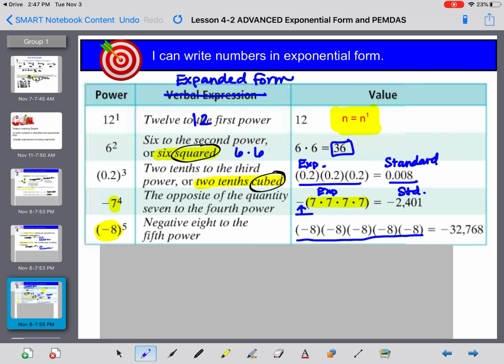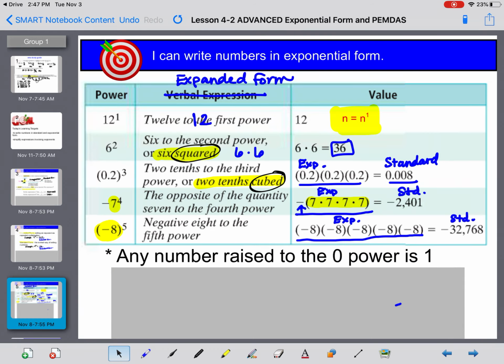Look at expanded form up here. The negative was only out in front, and the 7s were all positive because the 7 is what was being repeatedly multiplied. In our last example, negative 8 is repeatedly multiplied. So this is my expanded form, and this, when you actually find the value of that, is my standard form.